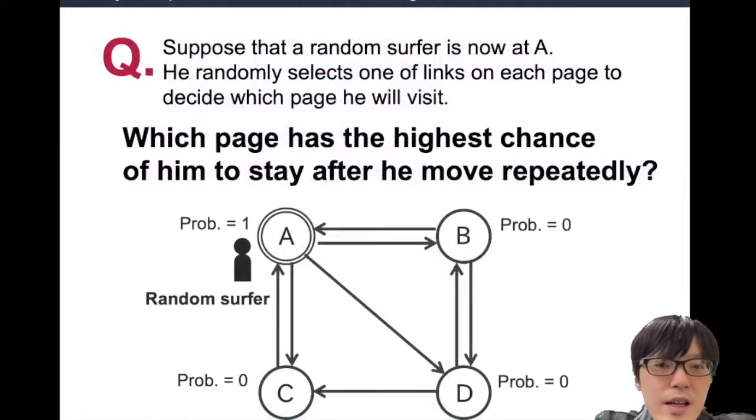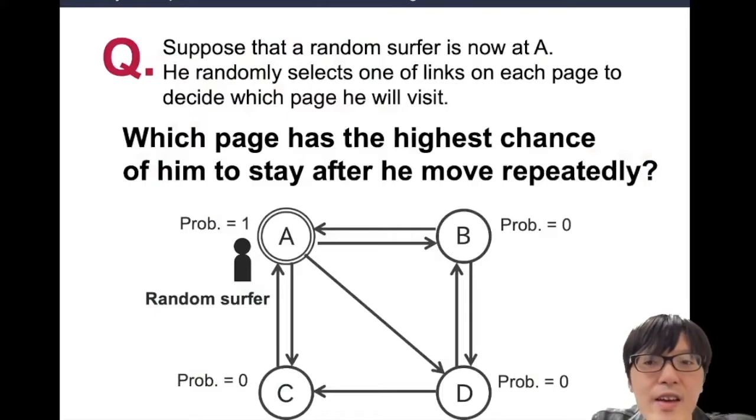So let's think about this using a toy example. Here we assume that this random surfer is now on page A. Then the surfer's probability of staying on page A is now 1.